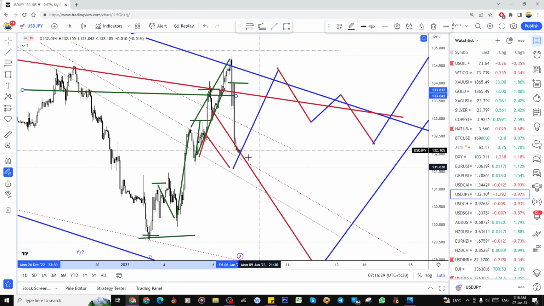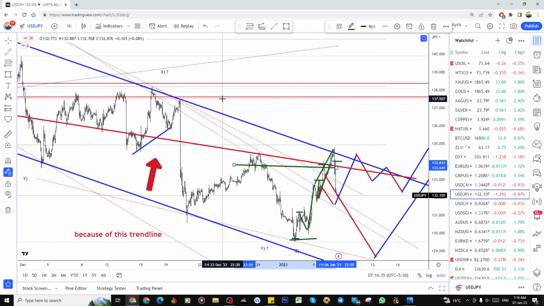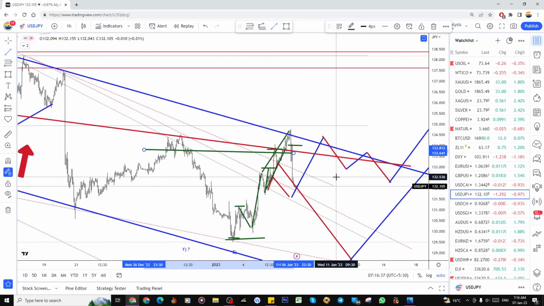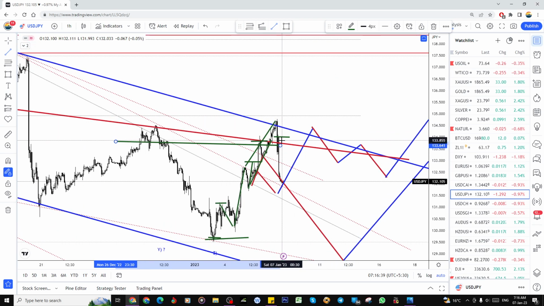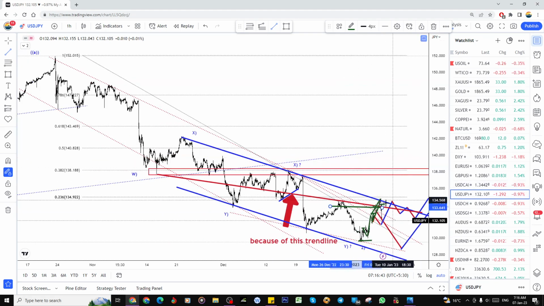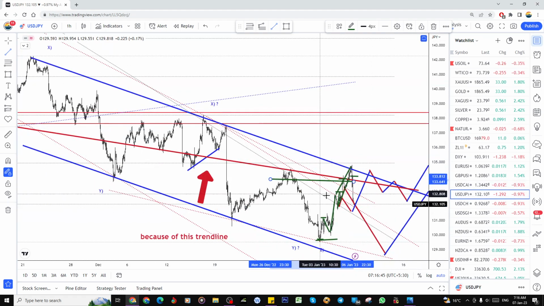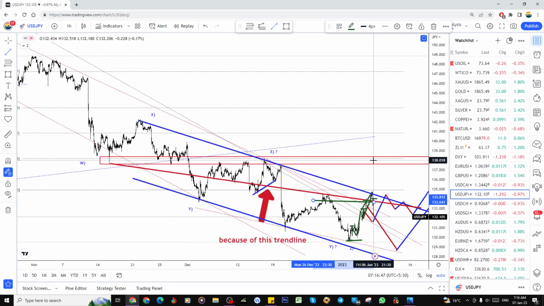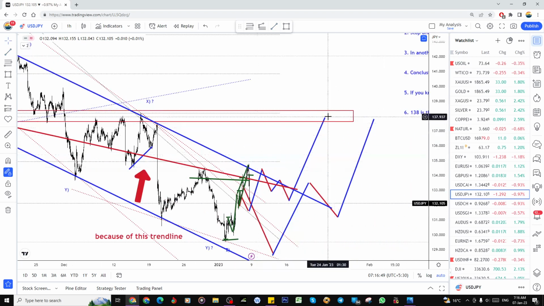So once it hit that here, I exited all my position, but I didn't enter anything because I'm just closely watching that natural gas. I will show you that natural gas also, right? So this is the pattern I'm looking. We wait for this pattern to complete, and one more impulsive wave to the 138 is possible, and my target is 138. So we need to wait for the pattern to complete here.